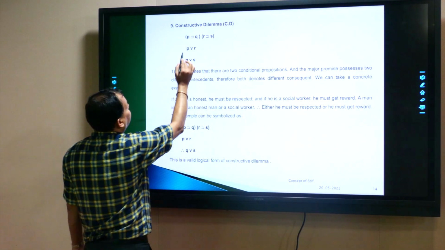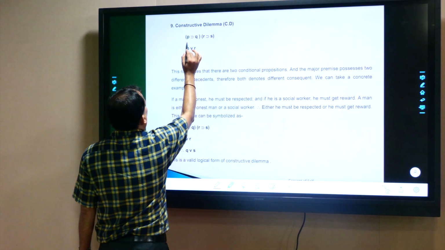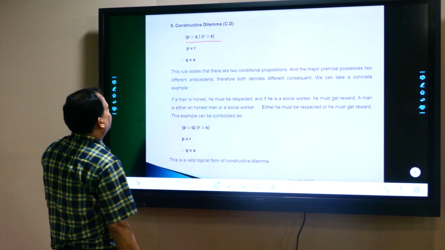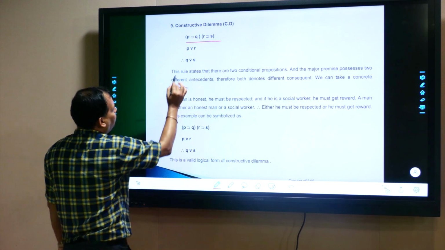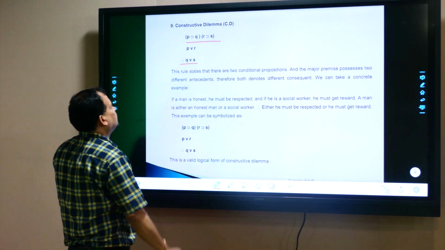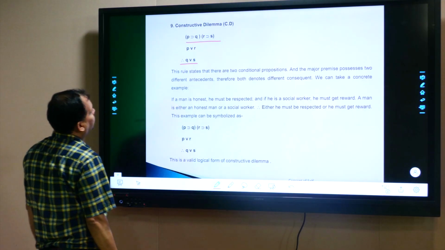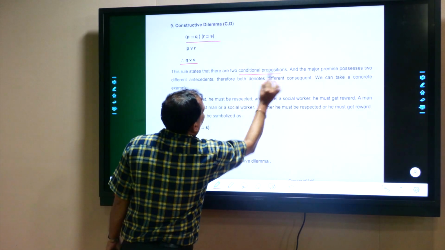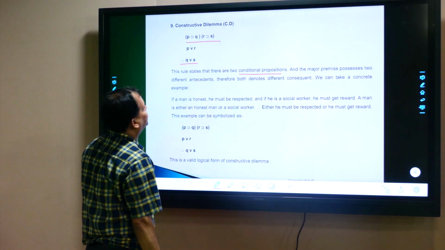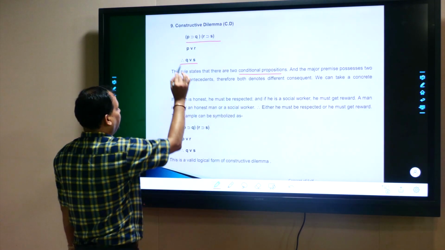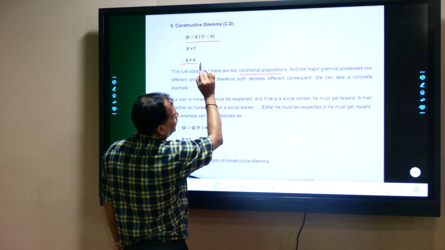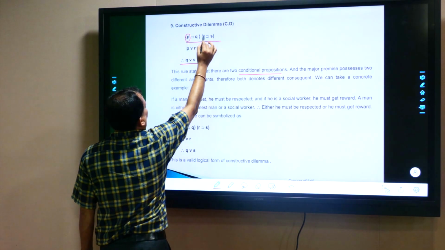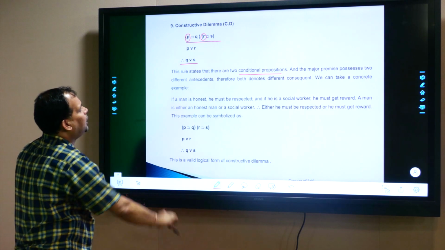P implies Q, R implies S, P ∨ R, therefore Q ∨ S. This rule states that there are two conditional propositions and a major premise that possesses two different antecedents, here P and here R. Therefore both denote different consequents.